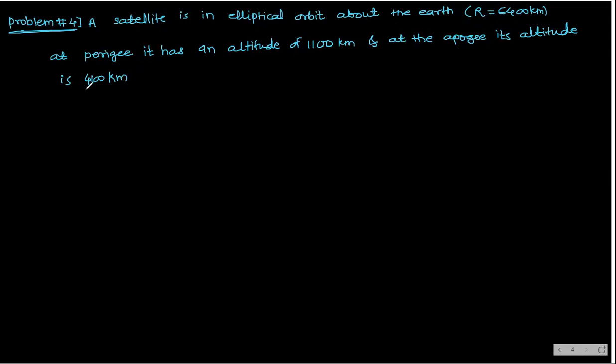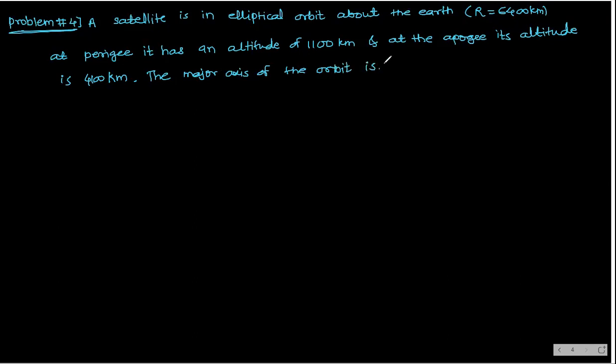Is it looking like 4,100? Okay, 4,100 kilometer. The major axis of the orbit is.